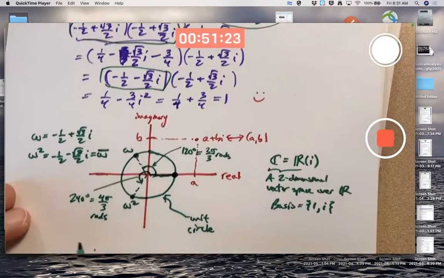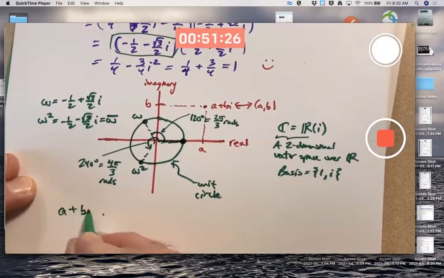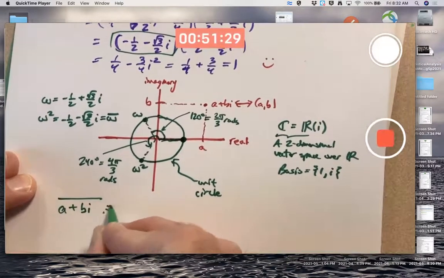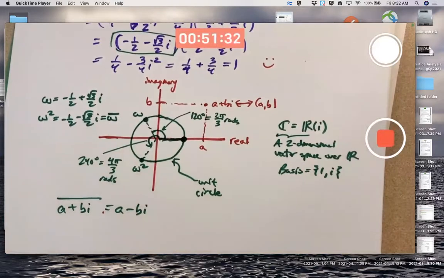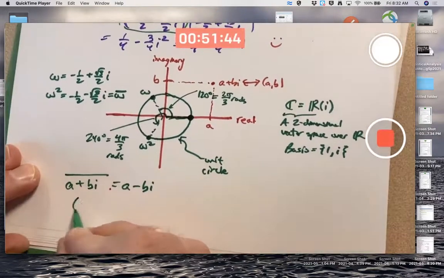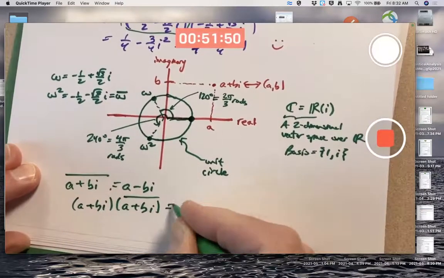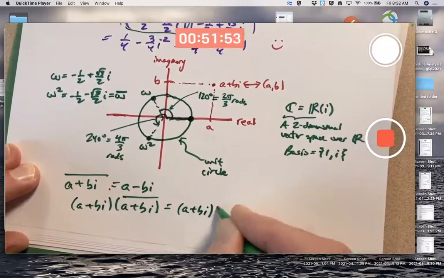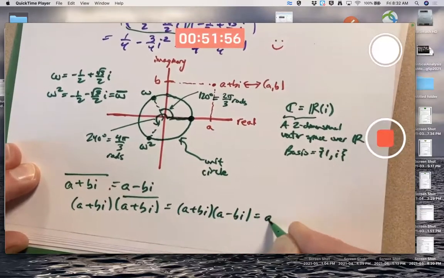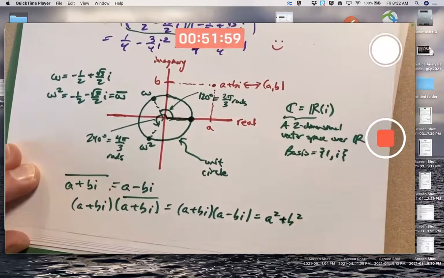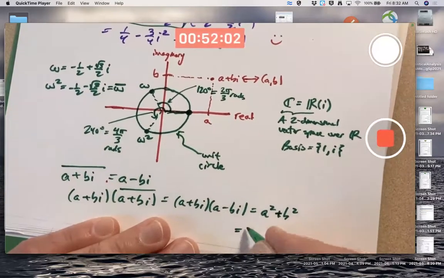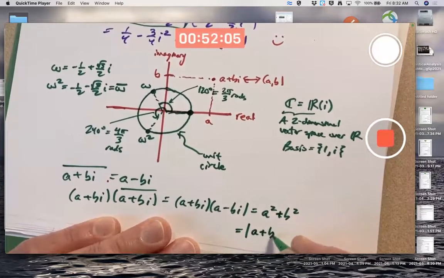The complex conjugate of a complex number a plus bi, written a plus bi bar, is a minus bi. And a complex number and its complex conjugate have the property that when you multiply them, after FOILing, you end up with a squared plus b squared, which is the square of the distance between a plus bi and the origin.